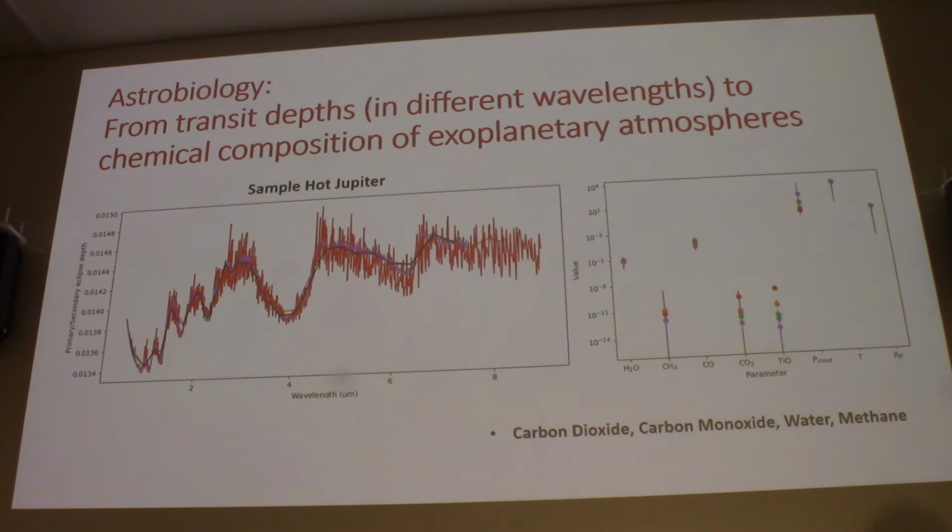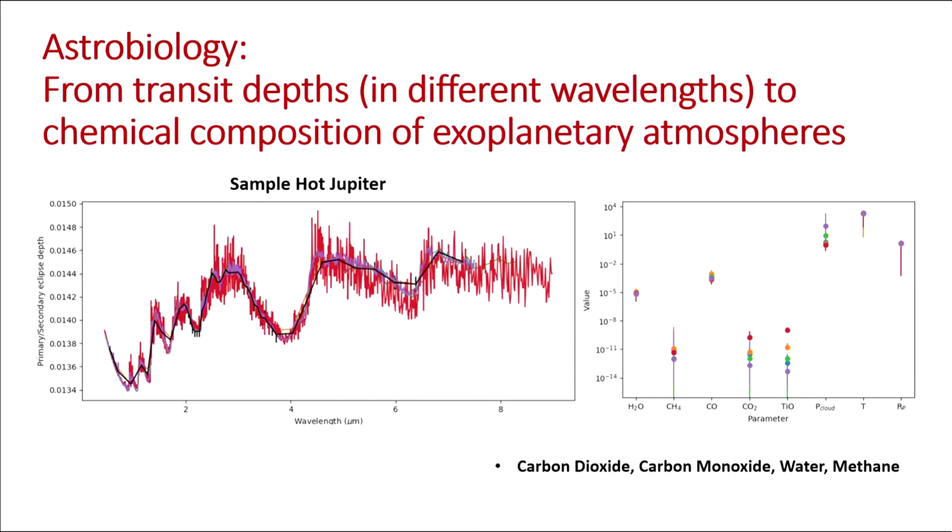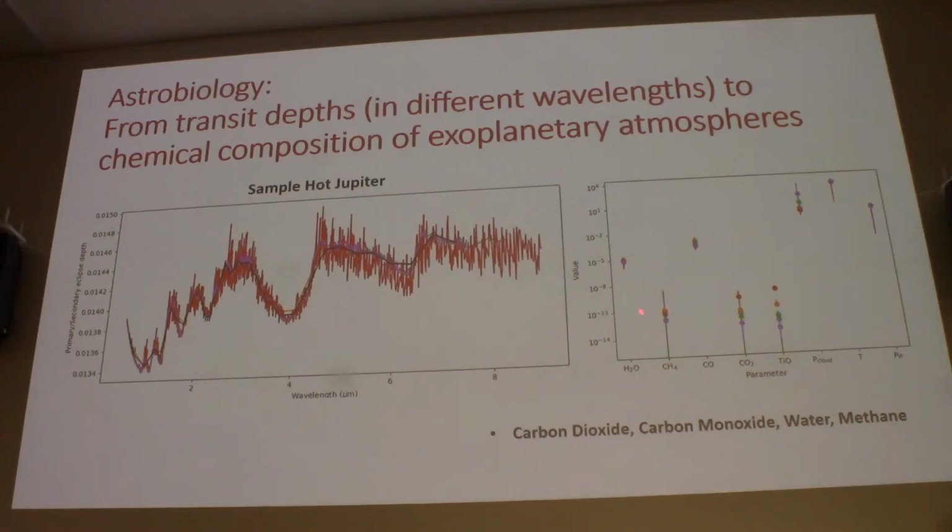Now, from this, we can actually get the elements, or the amount of elements of, for example, carbon dioxide, carbon monoxide, water, methane, for each planet. So here you can see CH4, we're getting a different value from, for example, P cloud, which is a much higher value. And this is basically the final result that we want to get.